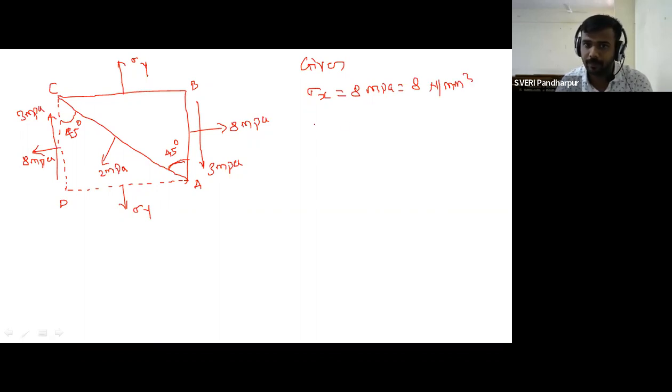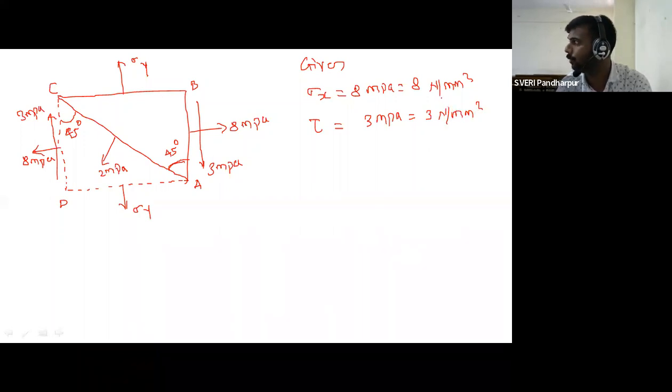Then tau is equal to how much? 3 megapascal. As per the sign convention, whether this tau will be positive or negative. For the major principal plane, whether it is rotating anti-clockwise or clockwise? Clockwise. We have to take it negative.